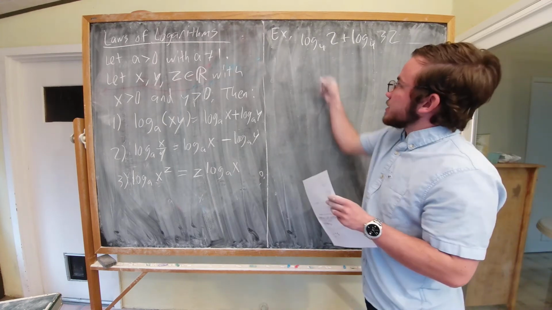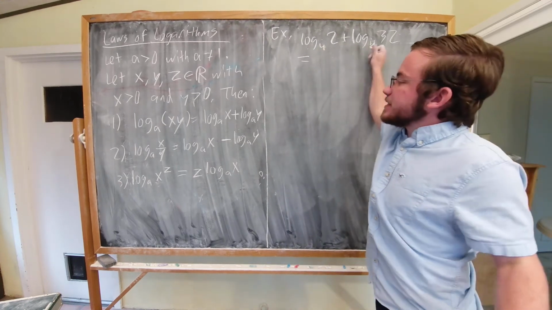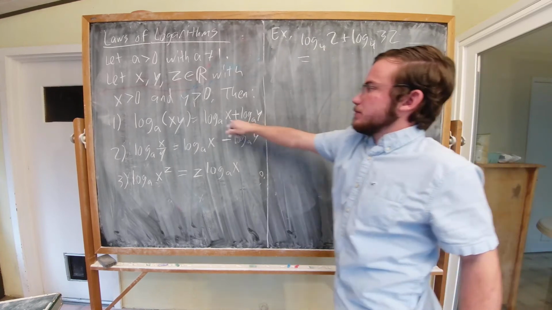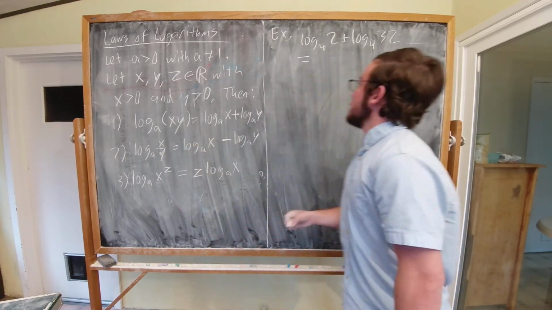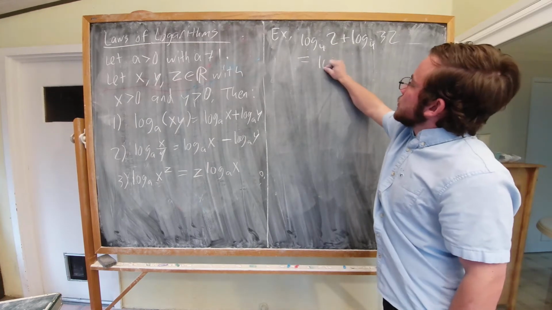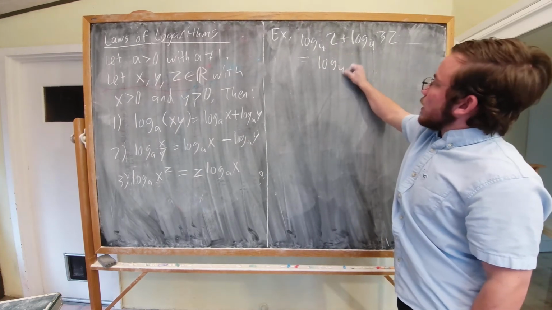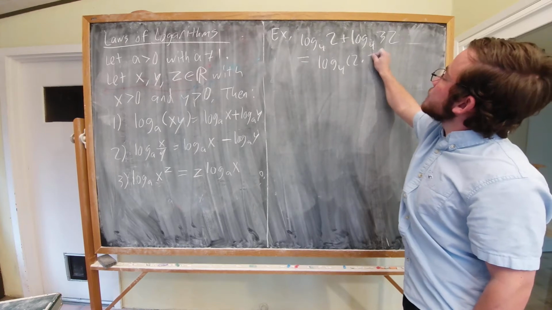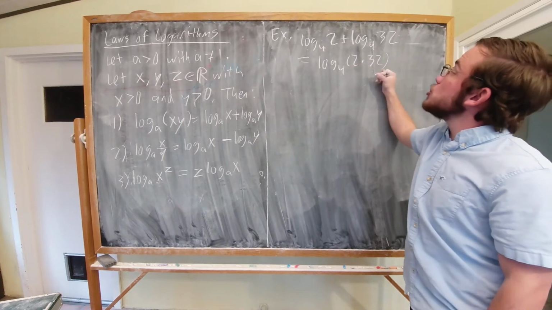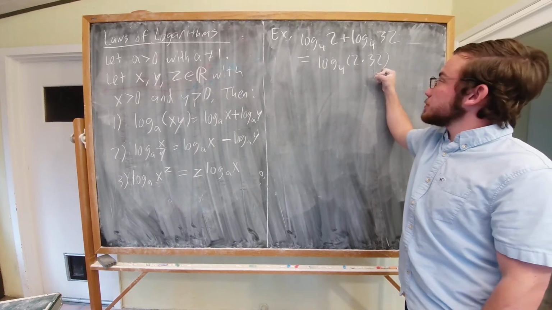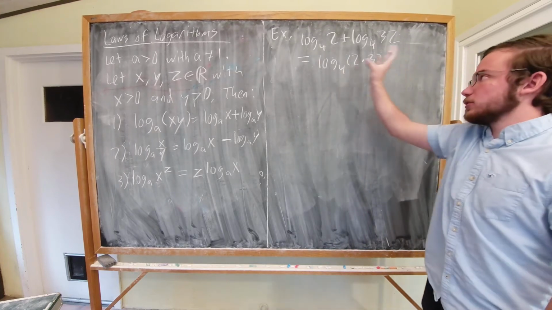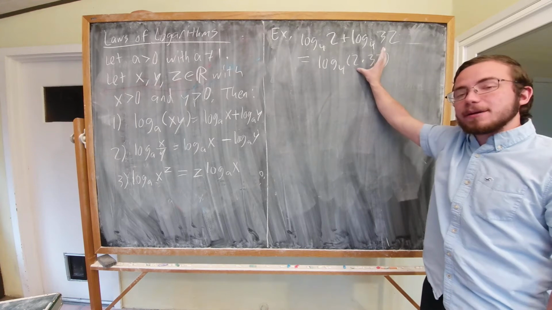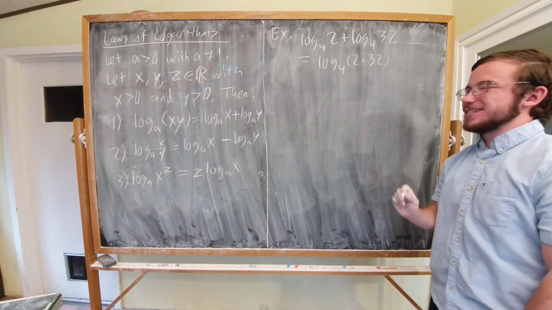Our logarithm laws say, hey, this thing right here, log base a of x plus log base a of y, is the same as putting it together and multiplying. So it'll be log base 4 of 2 times 32. No, you're multiplying 2 and 32. You're not multiplying log 4 of 2 times log 4 of 32. It's log base 4 of 2 times 32. And there is a difference.